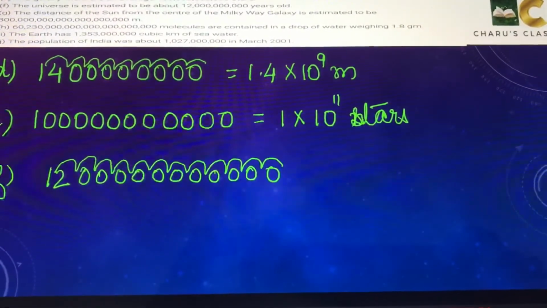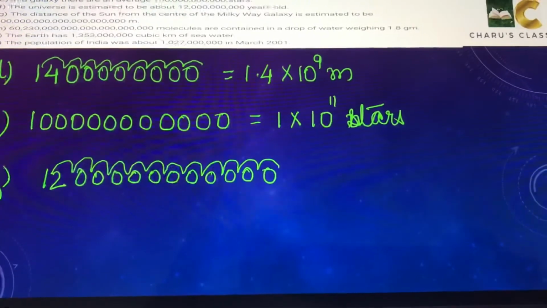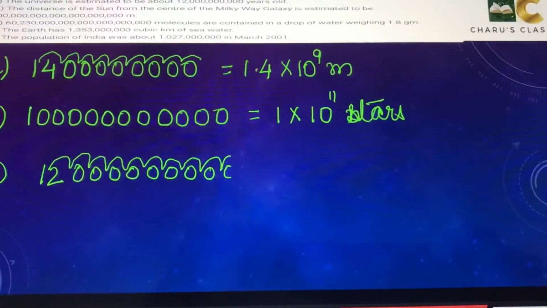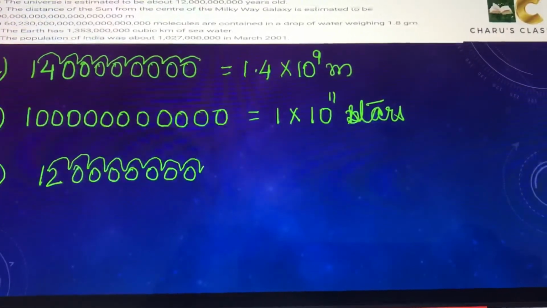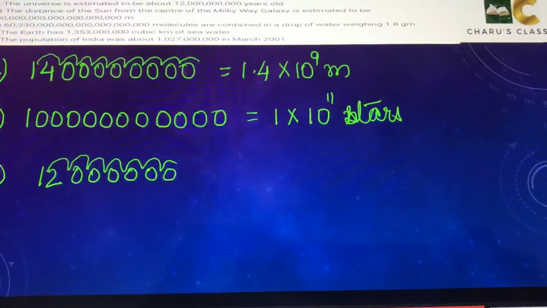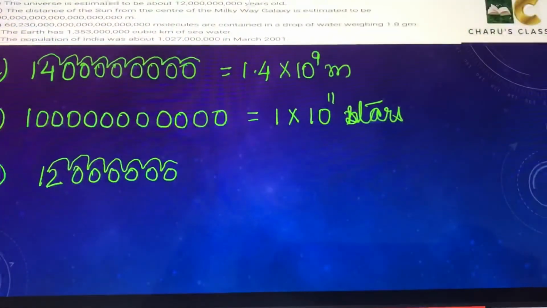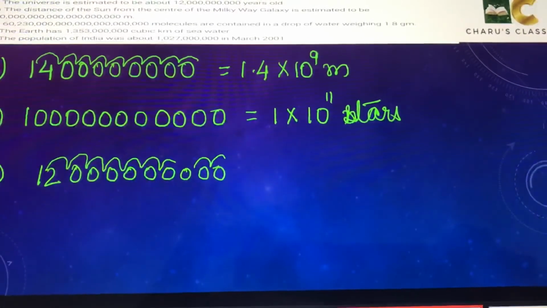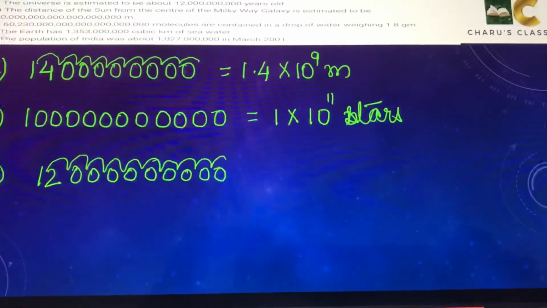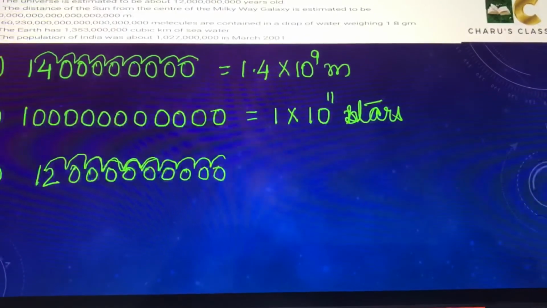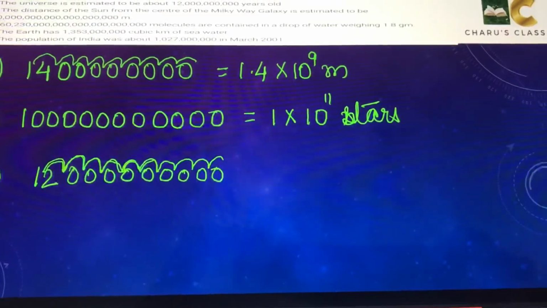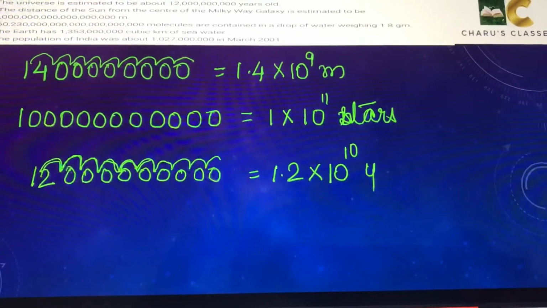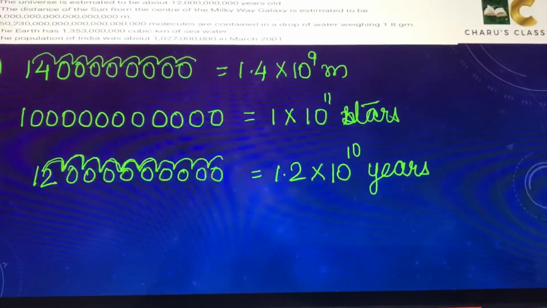Let me count once. So this is 1 2 3 4 5 6 7 8 9. 2 3 4 5 6 7 8 9. So in that case we are shifting 1 2 3 4 5 6 7 8 9 10. This brings us 1.2 into 10 to the power 10 years.